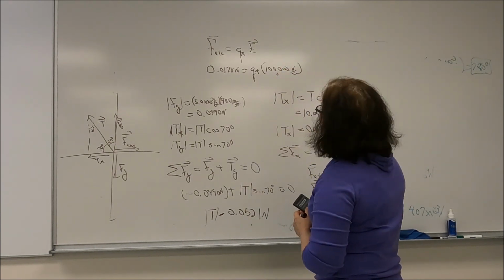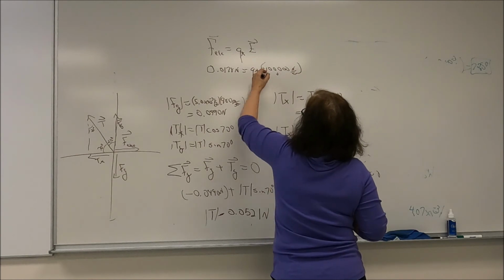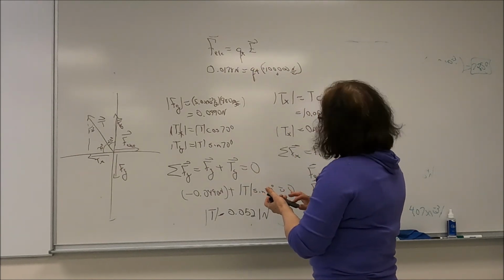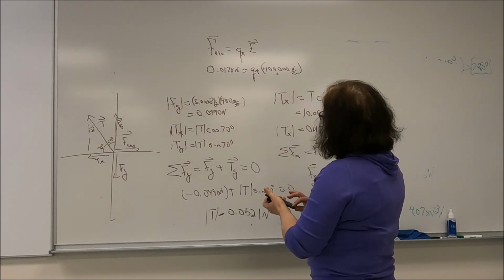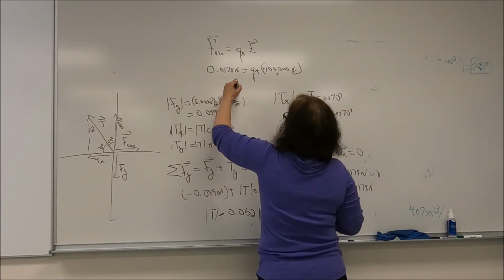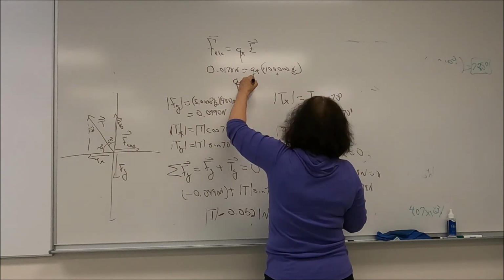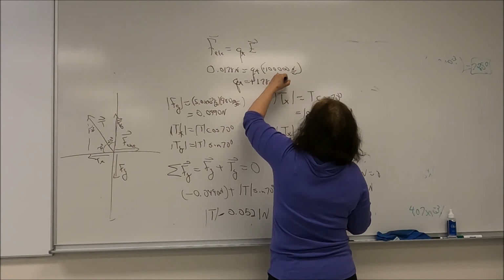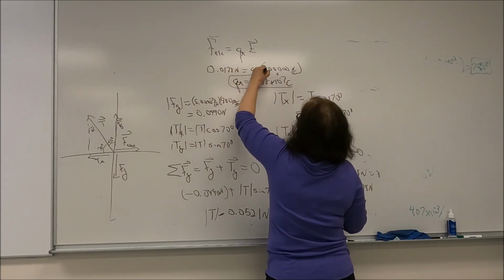Okay, and it's positive. So 0.0178 divided by 100,000, and I get Q test to be a plus 1.78 times 10 to the minus 7 coulombs.